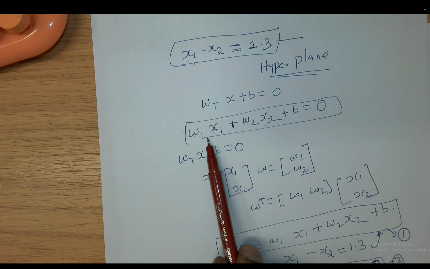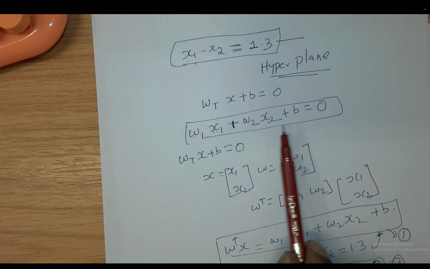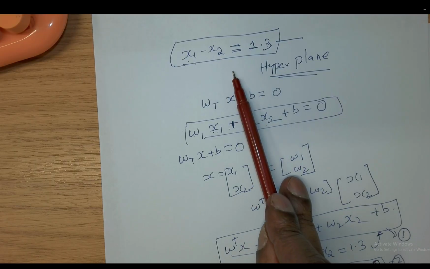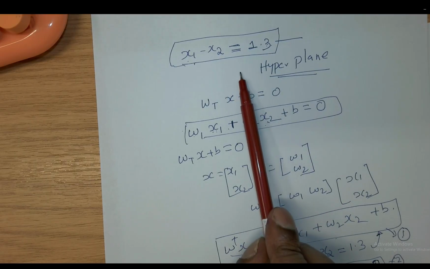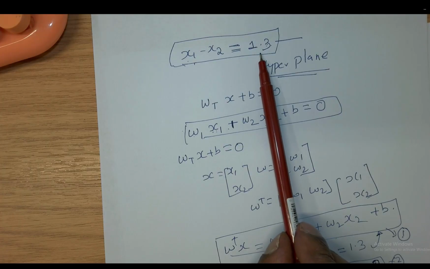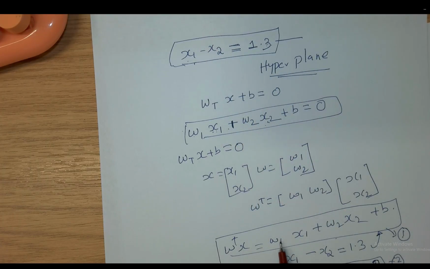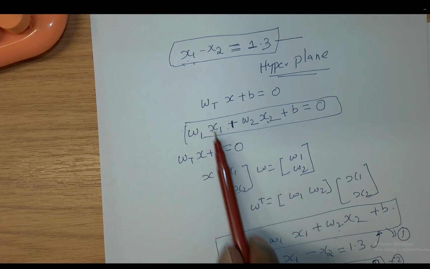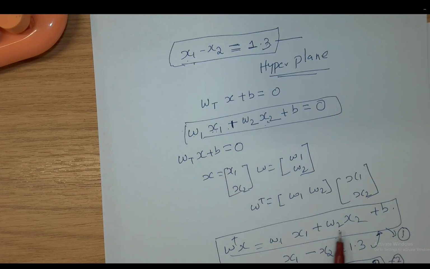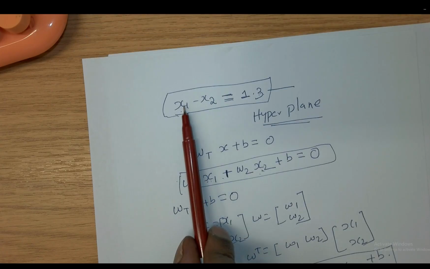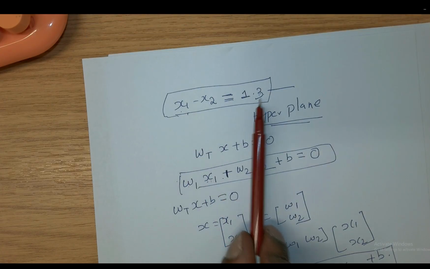So if you compare the hyperplane equation with x1 minus x2, we can write this equation in the form of hyperplane. I just pulled this one to the left side, and then I tried to identify W1 and W2 that make sure x1 minus x2 is equal to 1.3.